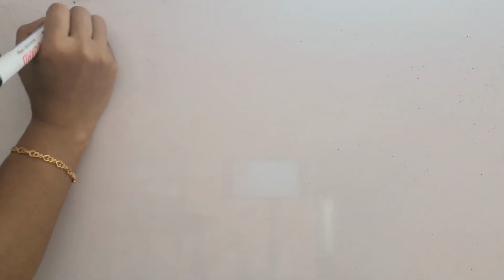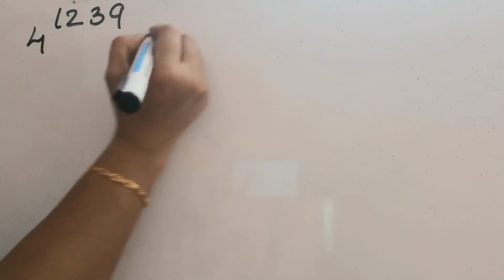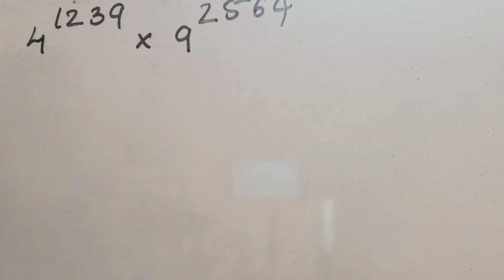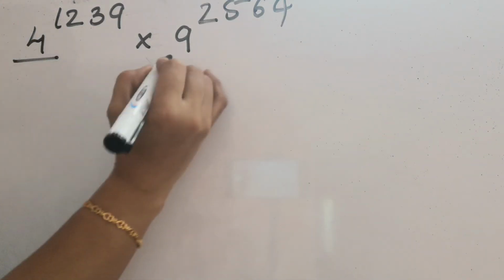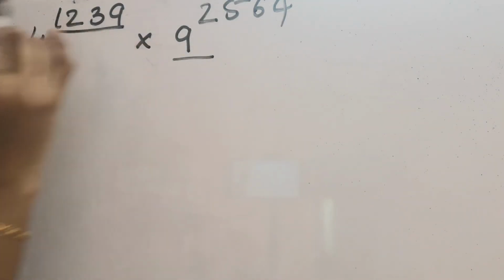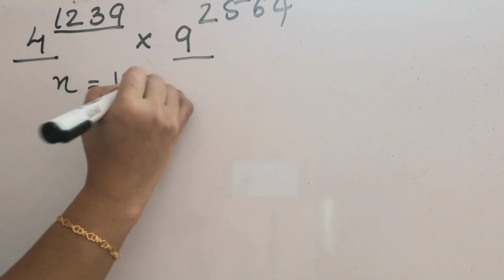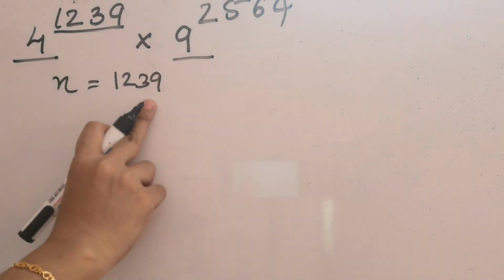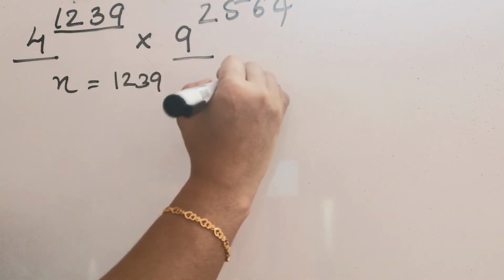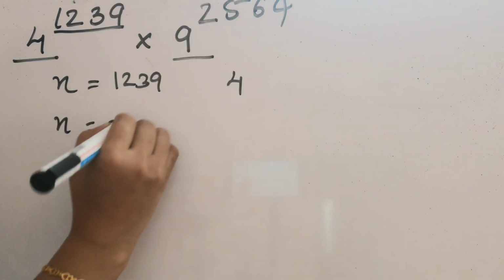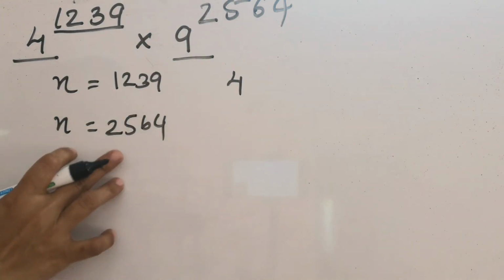That is in the case of 4: 4 raised to 1239 multiplied with 9 raised to 2564. Here 4 and 9 have the same rule. The exponent n is equal to 1239, it is an odd number. If n is an odd number, the unit place becomes 4. In this case, n is equal to 2564 for 9 raised to 2564, it is an even number.